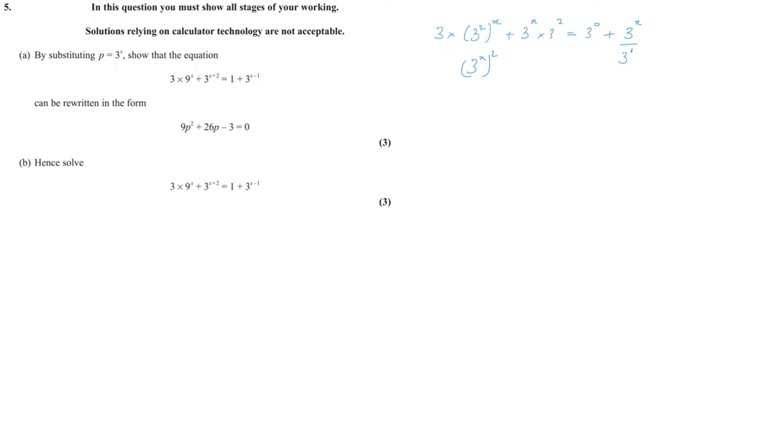Okay, so that is just now 3p squared plus, now 3 squared is 9p, equals, I could just leave that as 1, making it more complicated than it is. So p over 3.